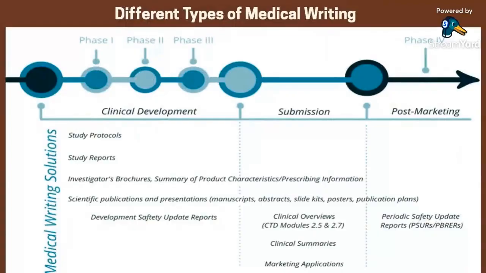In this slide, we will be talking about different types of medical writing. As I told, medical writing is a huge field which includes different types of reports. If you ever come across different roles as a fresher, or if someone is working in the pharmaceutical industry, you will find different job roles saying we are hiring for a scientific writer, a clinical writer, an aggregate report writer, or a post-marketing report writer.